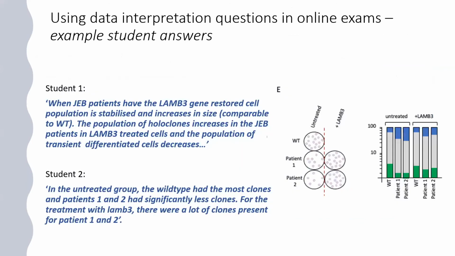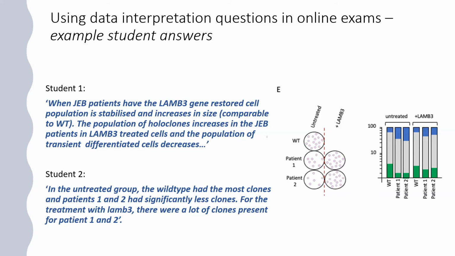And I've also pulled out some sample answers from the students this year relating to that data interpretation on the YAP protein. So this panel basically shows you that if you take patient cells, these are patients who have a mutation in a particular gene that causes a depletion in a population of cells, and you then replace that gene, so a gene therapy approach, you can rescue the phenotype.